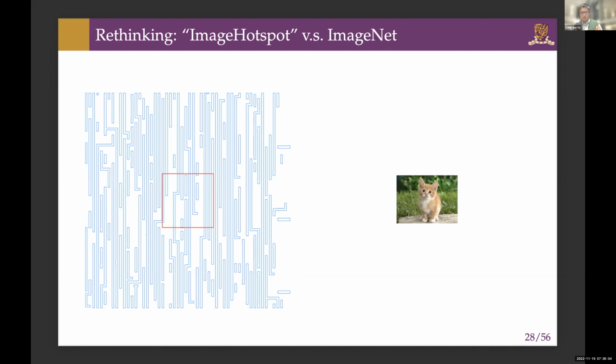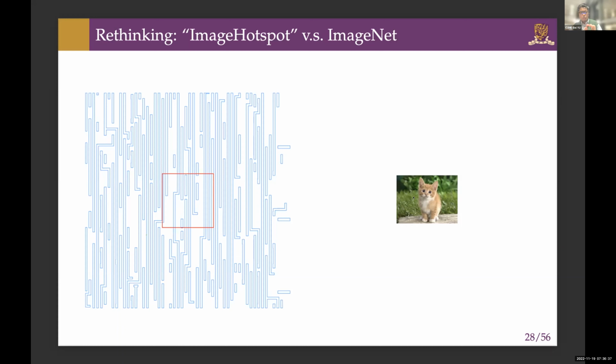But I would like to argue that these two problems are very different, because for the layout, we have some special properties that we have to pay attention to. For example, for the same layout, if we zoom in or scale up or scale down, the label will change. But on the right side, if we scale up the picture, it's still a cat. If we rotate the picture, it's still a cat.